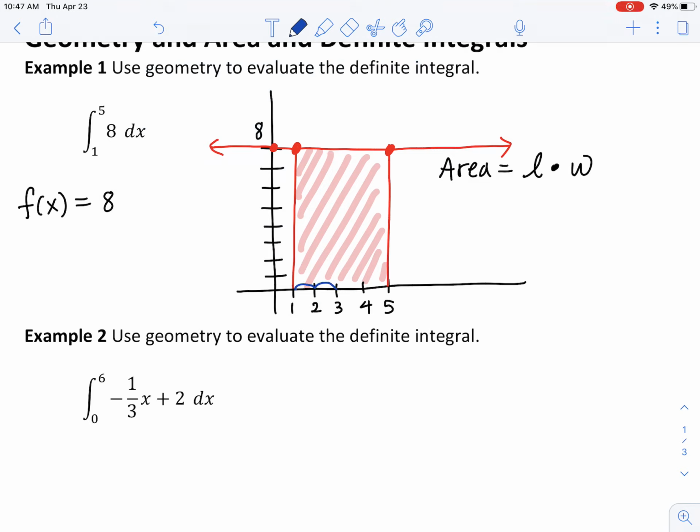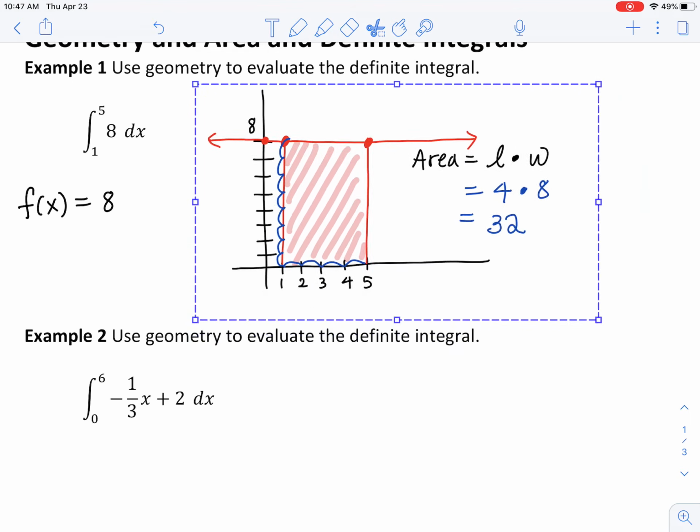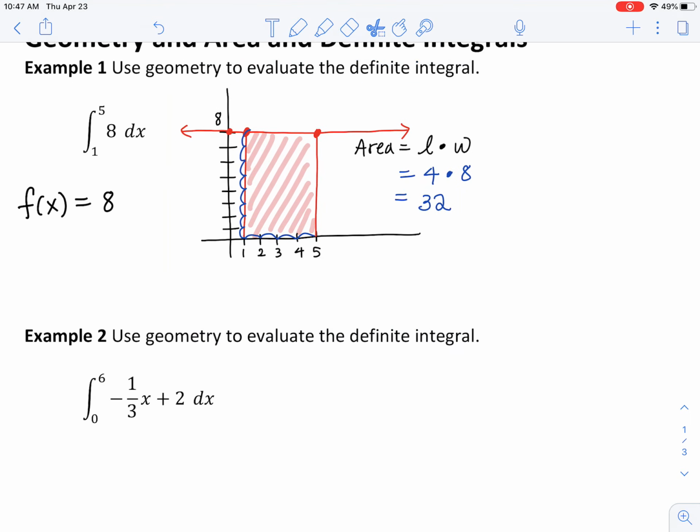What we are doing is finding the area of that rectangle right there. And we do know that the area of a rectangle is length times width, right? So let's find the length and width of this rectangle. 1, 2, 3, 4. I'll say that's 4 times the width, which is 1, 2, 3, 4, 5, 6, 7, 8.